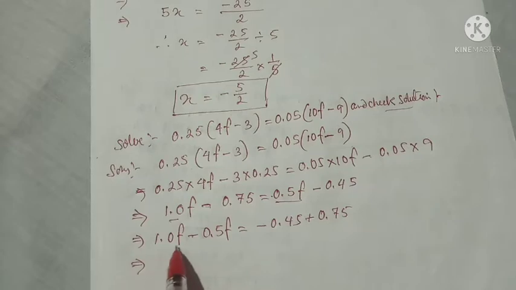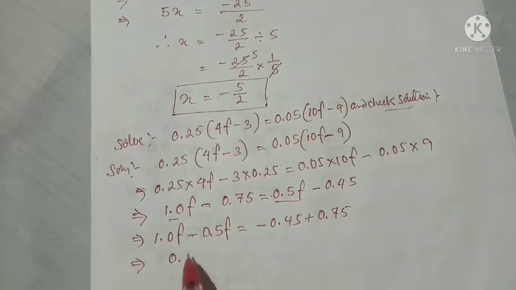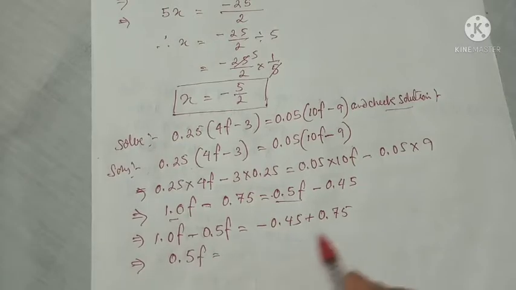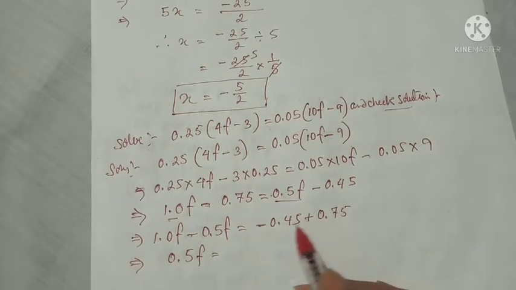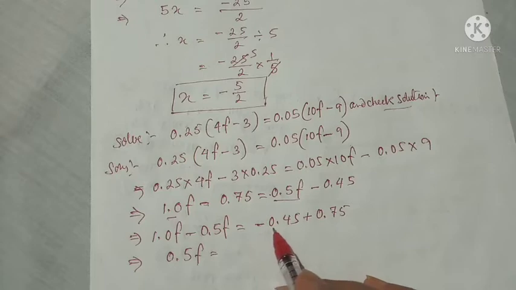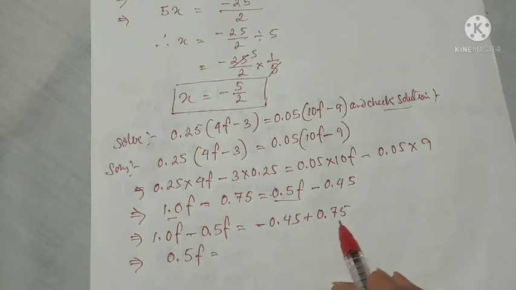Here if you subtract 0.5 from 1, you will get 0.5f. Here comes minus 0.45 plus 0.75.